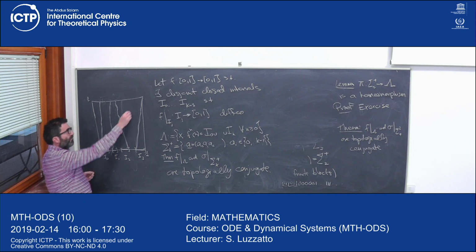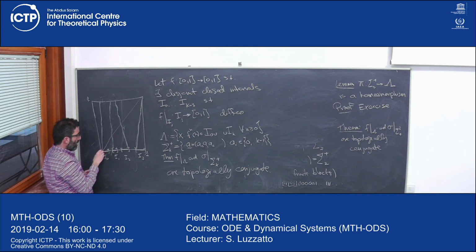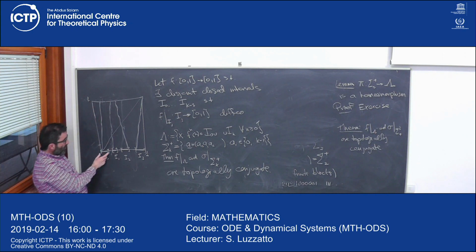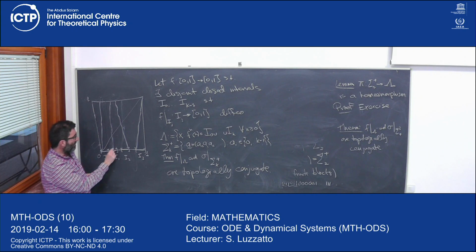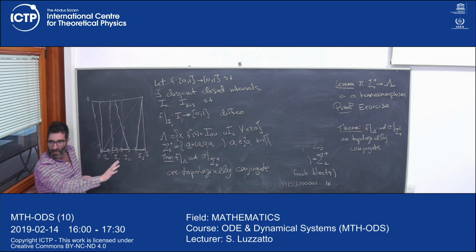If we draw here the equivalent I_0, I_1, I_2, I_3, you see that each one of these has 4 subintervals inside them, right? This is the set of points in I_0 that map to I_0. Here's the set of points I_01 which map to I_1, I_02 which maps to I_2, I_03 which maps to I_3. And you can do the same for all of them. I_1 that maps to I_0 will give you a small interval here which is I_10, I_11, I_12, I_13, and you get all the possible combinations exactly in the same way we had before.